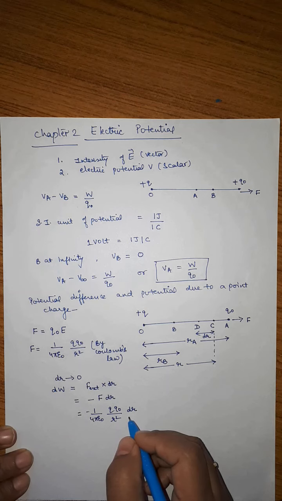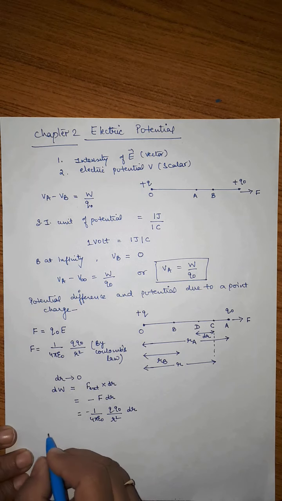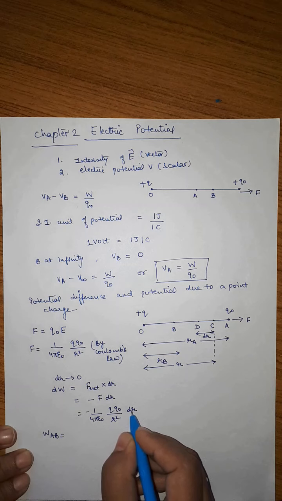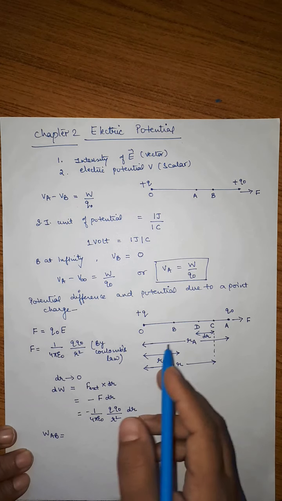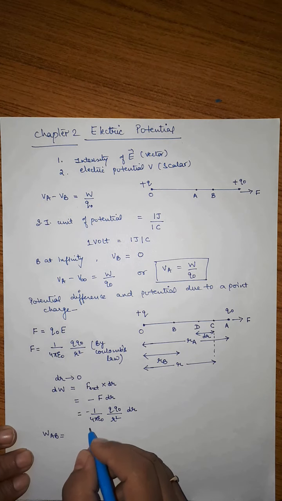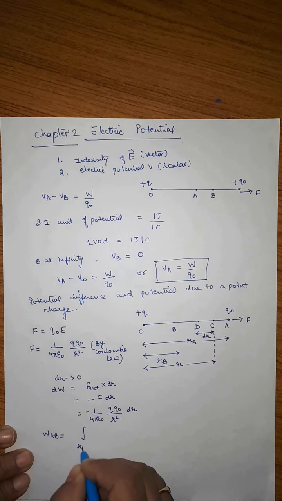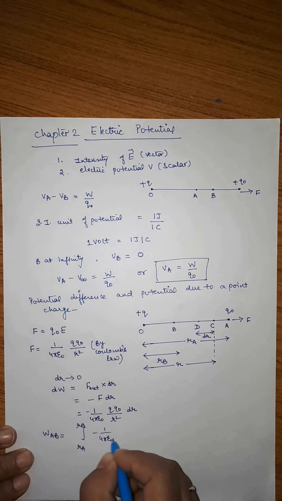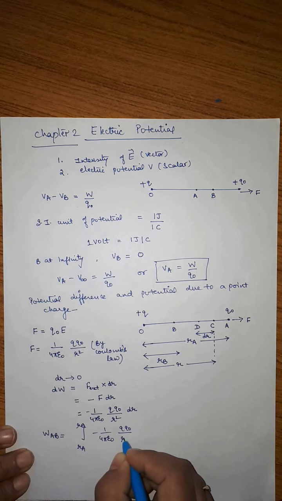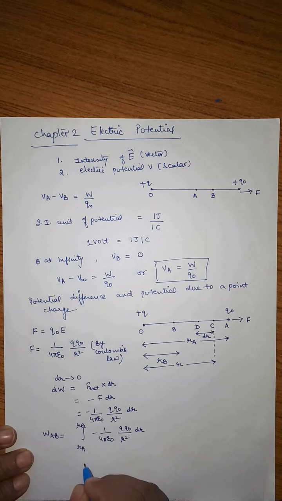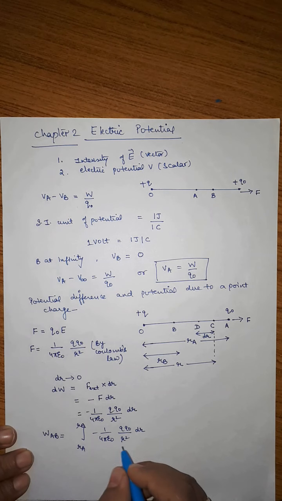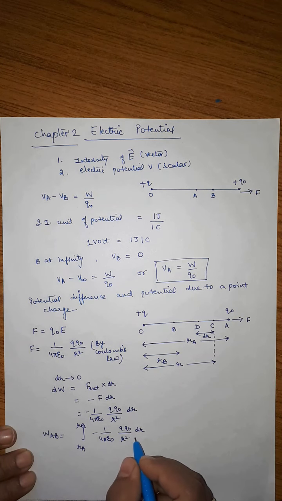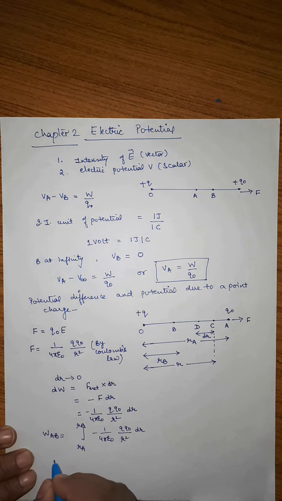Now the work done to move this test charge from A to B can be written as, when we integrate this small distance to cover the complete distance between A and B, that is from RA to RB, we have to integrate it. When we integrate, we will find these terms are constant. Only 1 upon r square will be inside the integral sign.